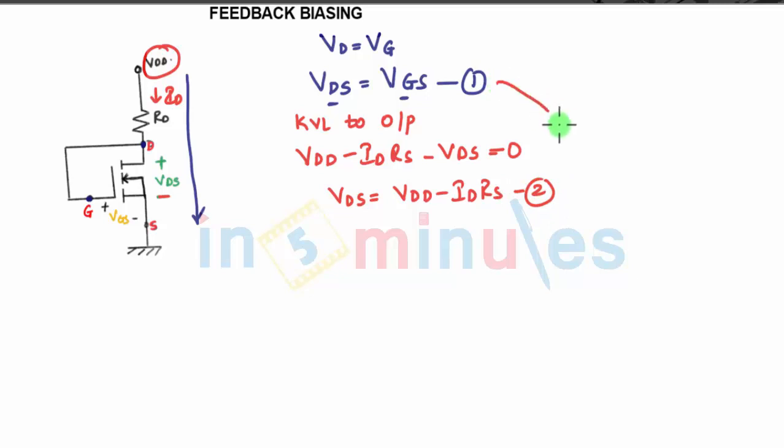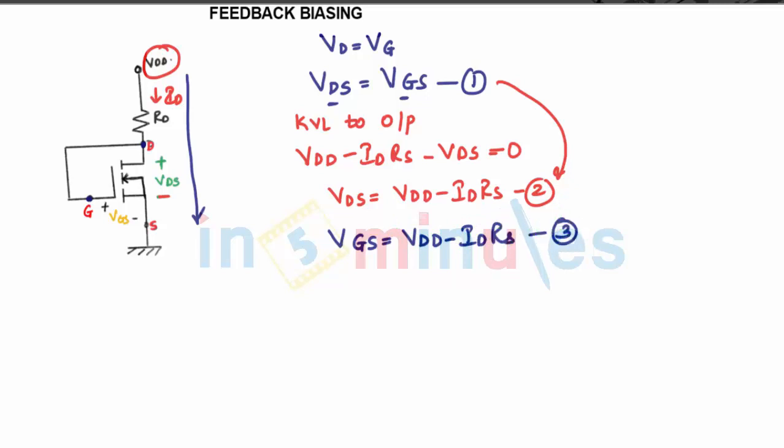If I substitute equation 1 into it, I will get VGS equals VDD minus ID into RD. This equation I call equation number 3.